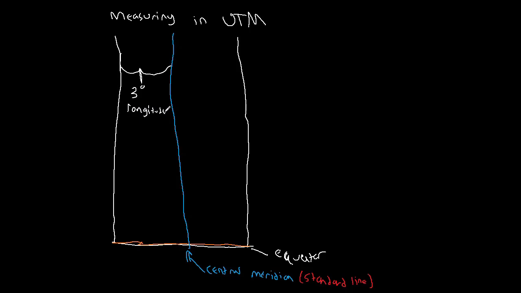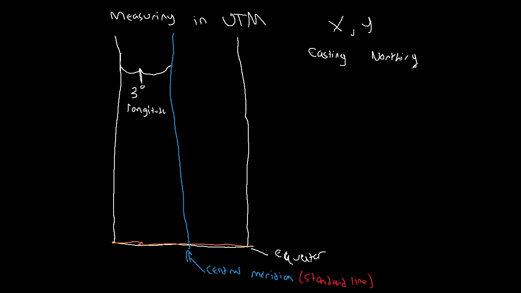But how do we actually measure in UTM? Well, like all projected coordinate systems, like I've said throughout the videos, projected coordinate systems use an X and a Y, right, an easting and a northing, right? But what does that actually mean in terms of UTM?